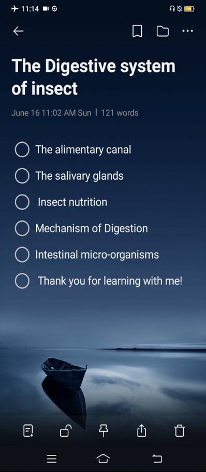Lepidopteran larva, ventriculus, and pylorus, rectum. And beetle, rectum in different parts. Housefly, cardia, crop, etc.